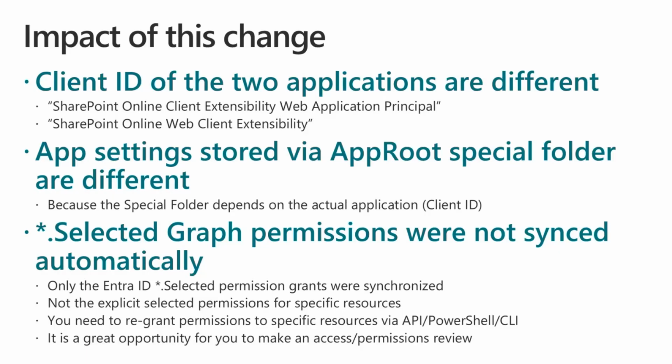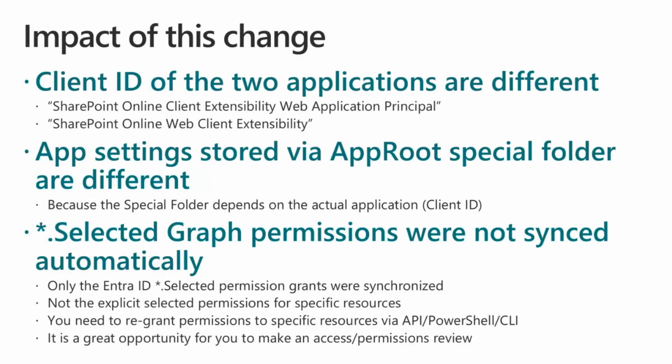However, if you have ever used those permissions, you know that when you grant the dot selected permissions to an application registered in Entra ID, then from an administrative point of view, you will also need to use the Graph APIs or PowerShell or CLI to assign specific selected permissions for the target resources that you want to use. So for example, if you assign the Sites.Selected permission to an app, then you will still need from an administrative point of view to define what are the selected site collections that that application will be allowed to access, okay?